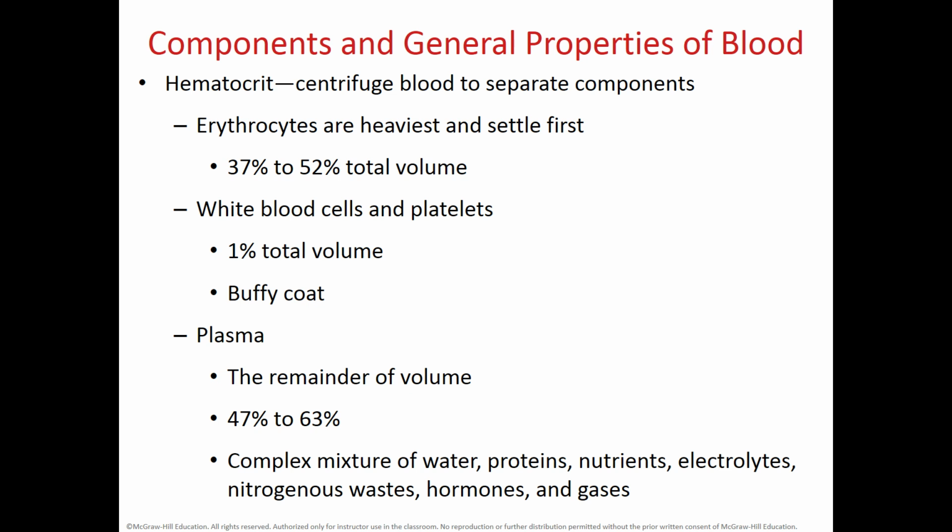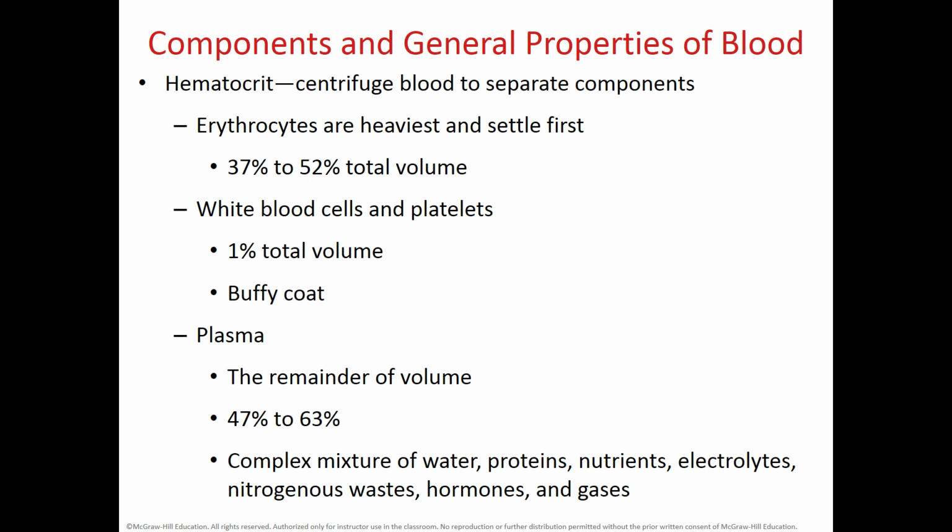The next layer in this sample will be the white blood cells, and then the platelets. White blood cells make only 1% of the total volume of the sample of blood, and they will create a buffy coat together with the platelets. The last part of this sample of blood that you have spun in the centrifuge will be the plasma.